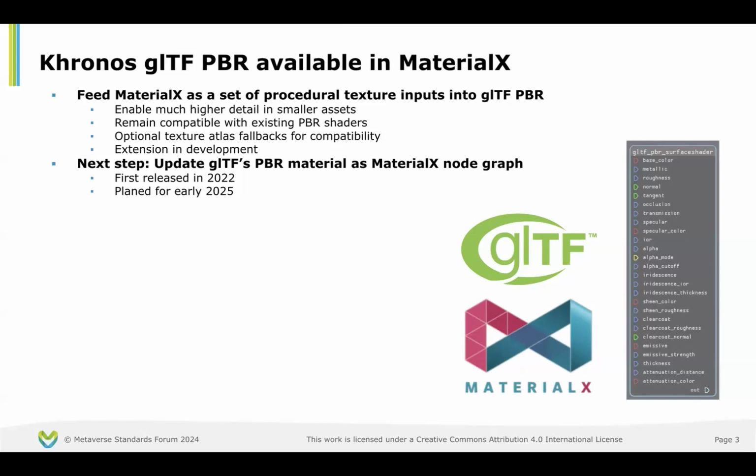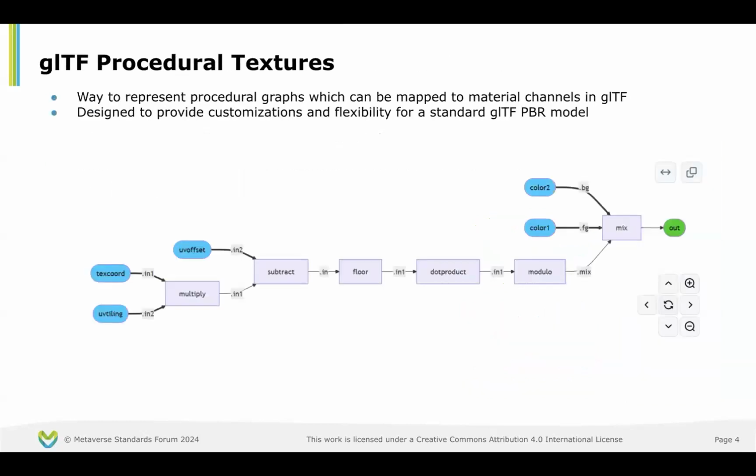For this, we have another new extension in progress that we call glTF procedural textures. So it's not only the MaterialX node that you can use for glTF PBR. We have a way that you can add customizations and flexibility to the actual glTF PBR model. That literally means for each material channel and input, you can identify a procedural shader graph that controls some parameters.